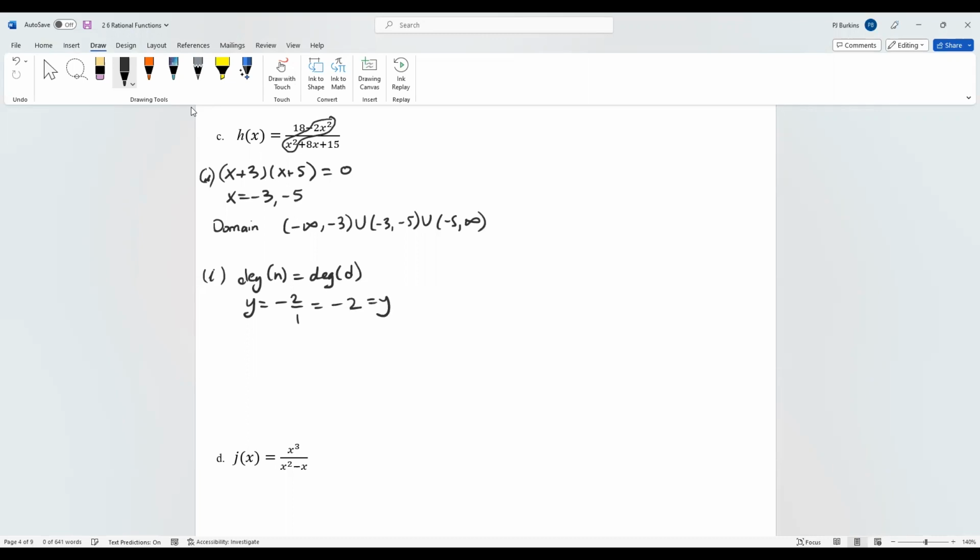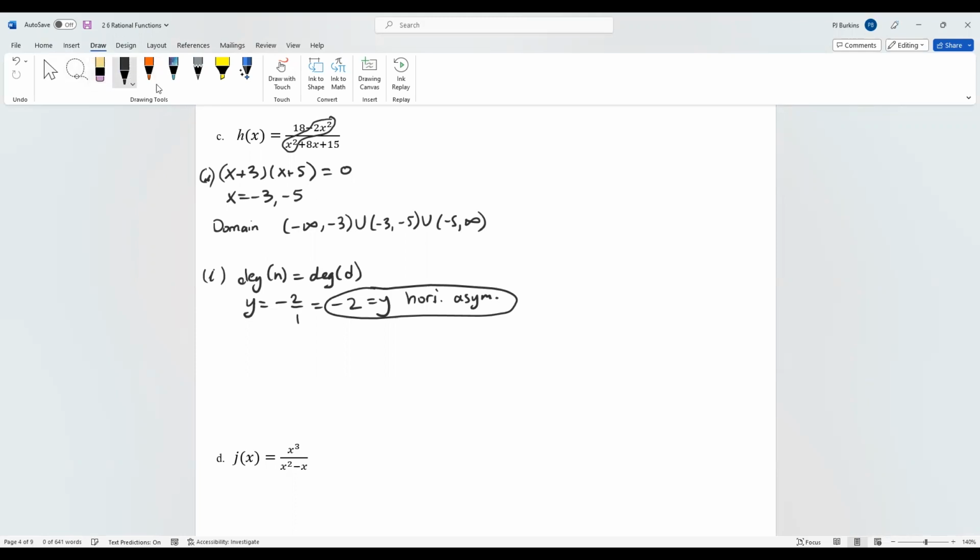So it looks like y equals -2 is going to be our horizontal asymptote. Okay. What about vertical asymptotes? Well, really, we have to do the hole and the vertical asymptote at the same time. We've already stated that we solved for 0 in the denominator, and we got these two values.